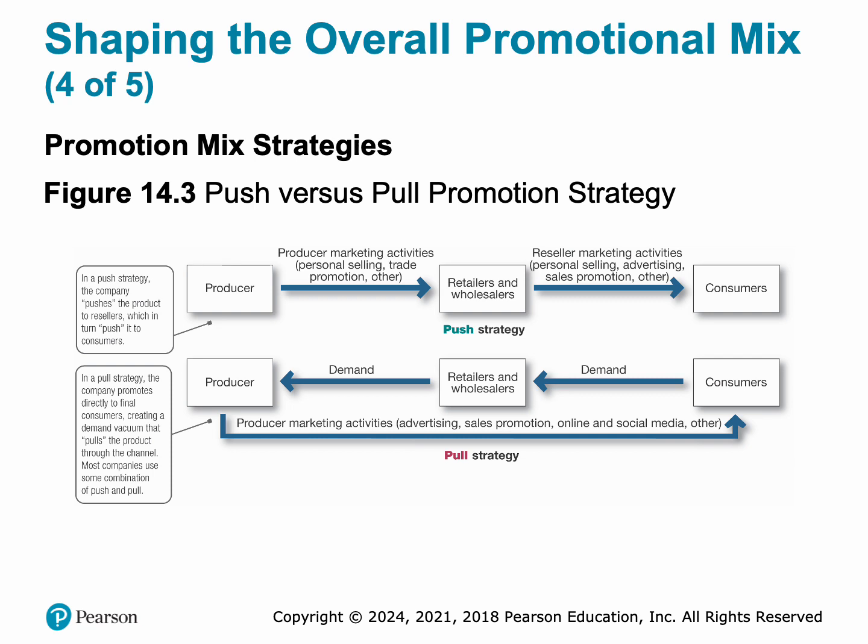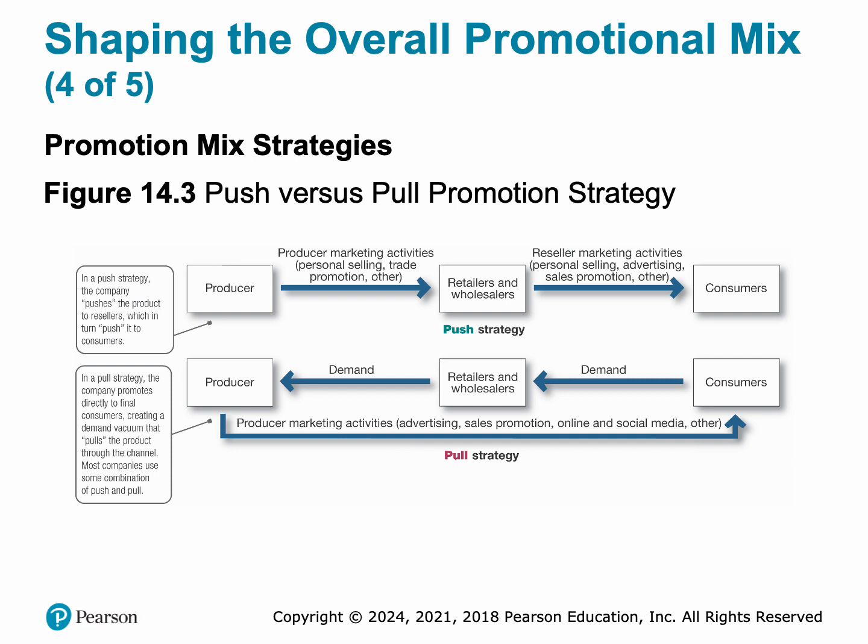So let's take a look at this. Marketers can choose from two basic promotion mixes: push promotion or pull promotion. The figure really contrasts these two strategies. The emphasis given to the specific promotion tools differs for push and pull.